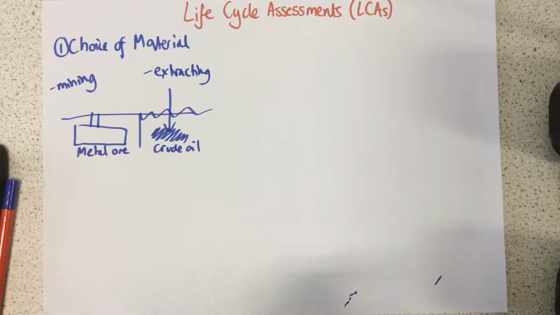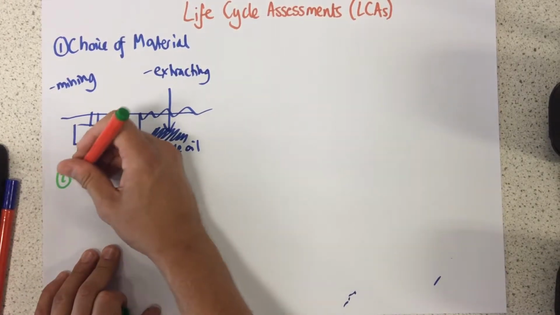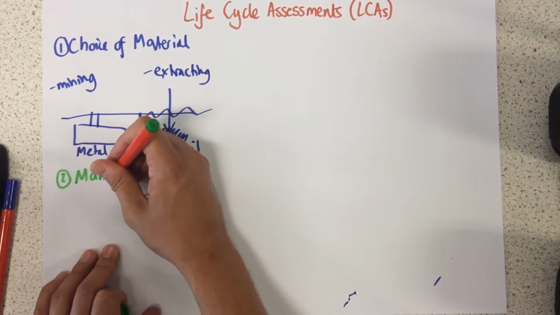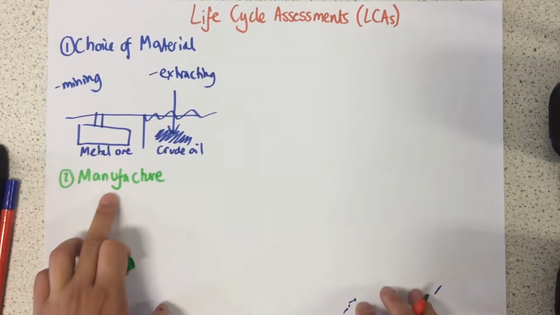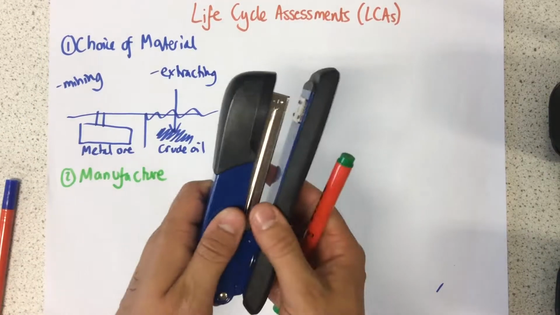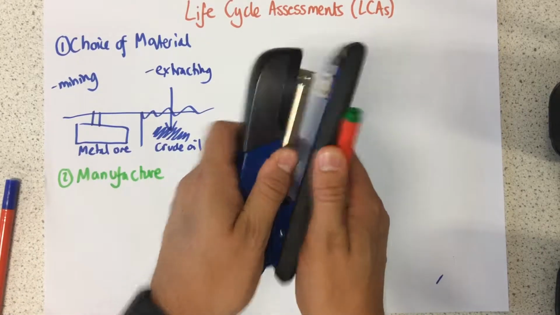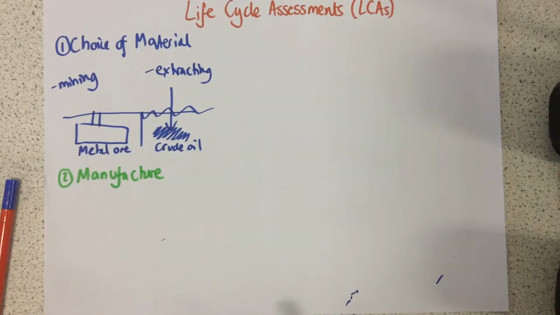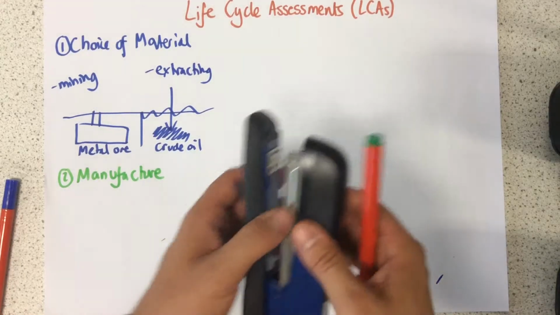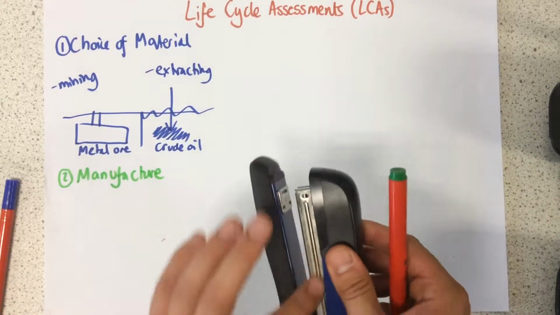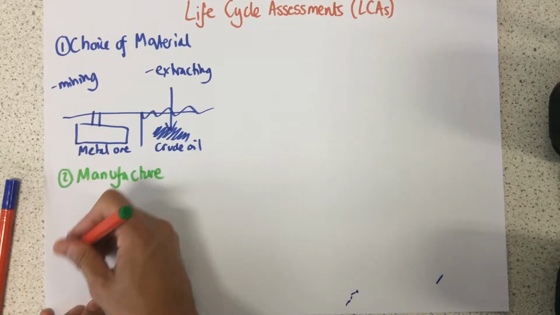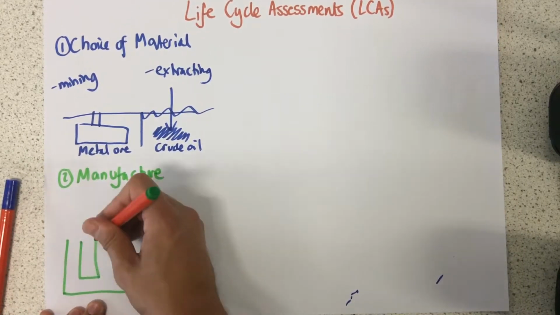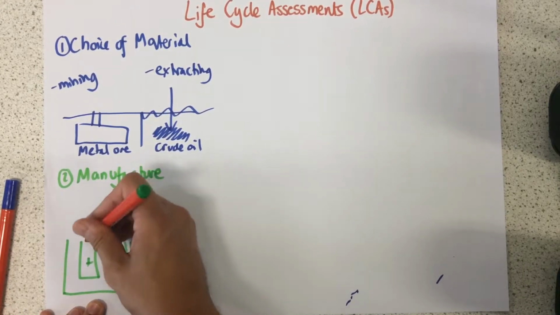So the next step to think about is manufacture. That's actually making this product in the first place, getting the raw materials and turning them into this product that we see before us now. For example, by making this stapler, first of all, I'd have to extract the metal from the ore, and that might need the process of electrolysis.